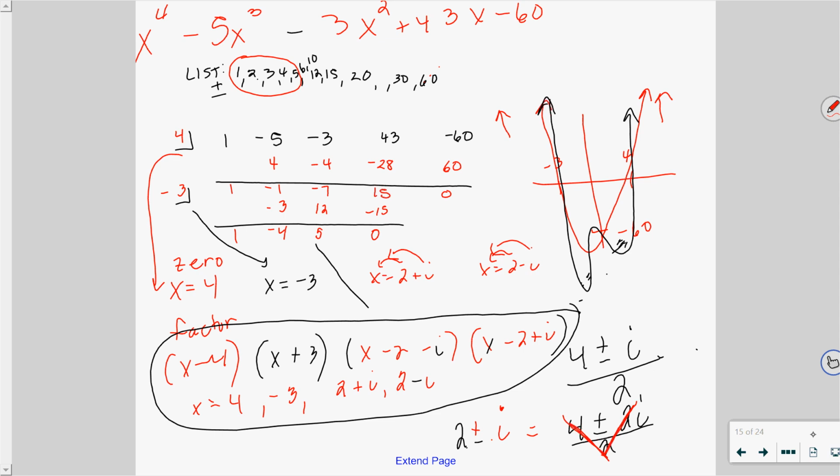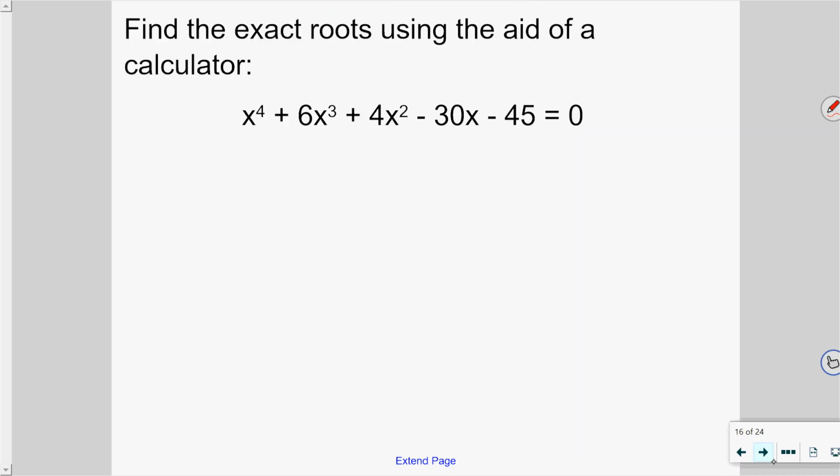All right, I'm going to give you one more. And then when we come back from lunch, we're going to do the new stuff. So that's one more. Do it all on your own, with your partner. Do it up.